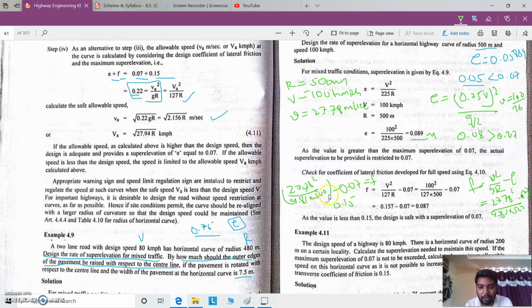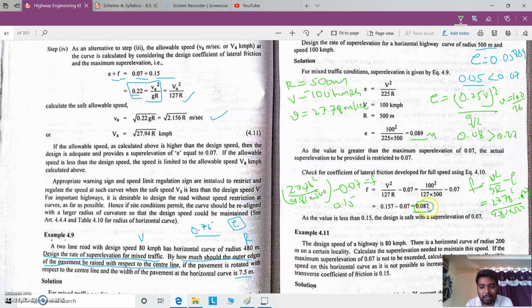So after calculating this, we are getting the frictional value as: let us calculate 27.78 square divided by 9.81 into 500 minus 0.07. So here we are getting 0.087.